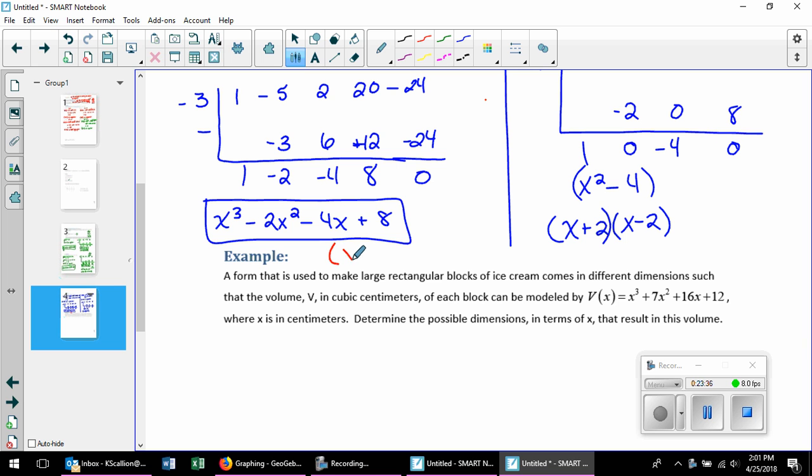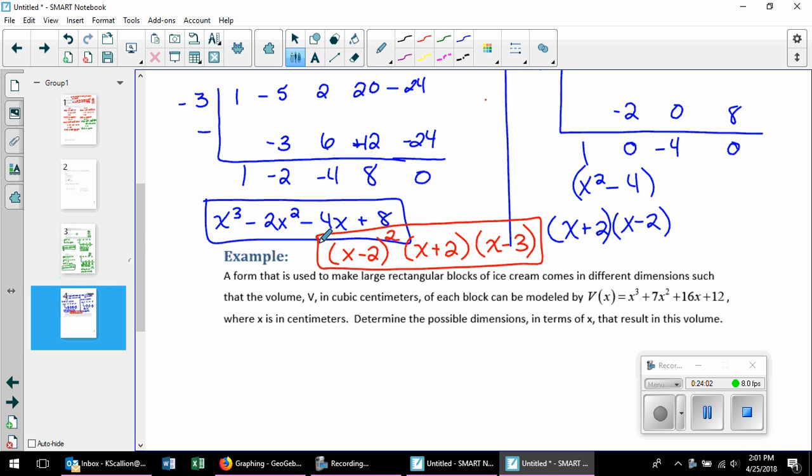So we have x minus 2, and how many do we have? 2 of those. Be efficient and do that. If I had 3 of them, it would be to the exponent 3. I have 1 x plus 2, and I have 1 x minus 3. These would be all my factors.